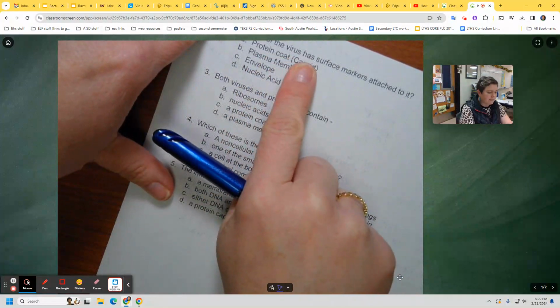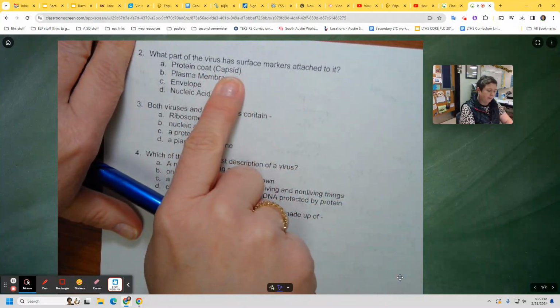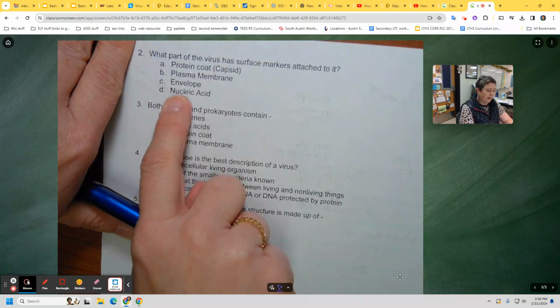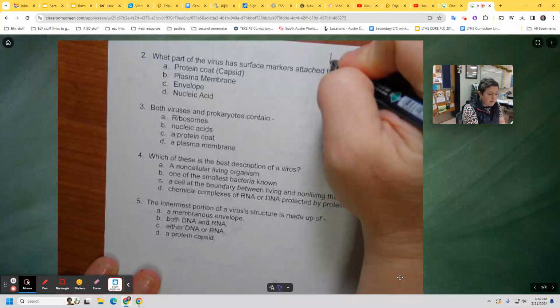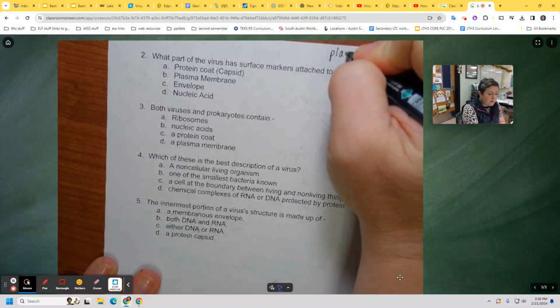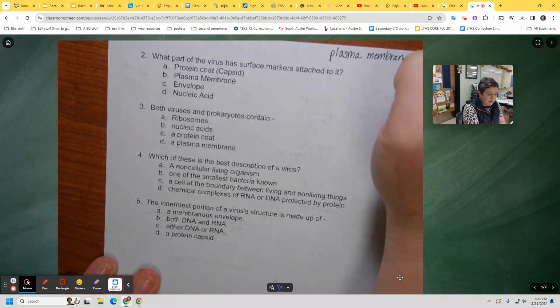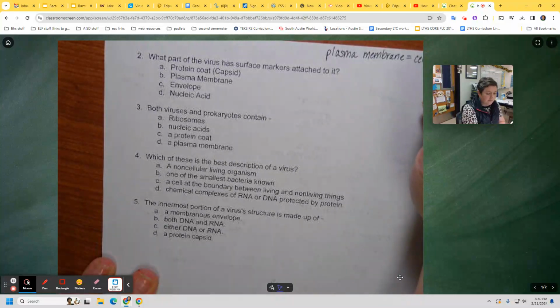What part of the virus has surface markers attached to it? Protein coat, capsid, plasma membrane, envelope, and nucleic acid. I know that they keep saying plasma membrane, and I hope that you remember that is the same thing as a cell membrane.